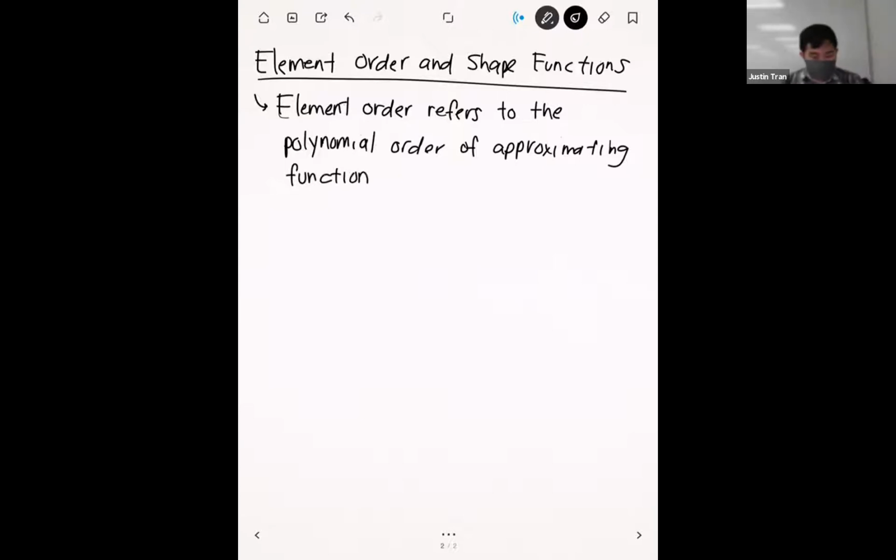Remember the way the finite element method works: we're never looking for an exact solution to our differential equations. Instead, what we're looking for is an approximate solution.